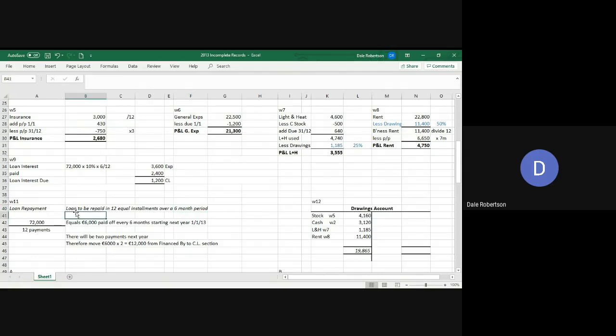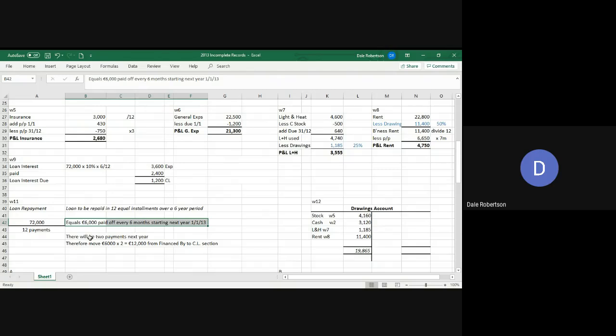I'm just going to change that. If it is 6,000 every 6 months, if it is 12 payments over a 6-year period. So therefore, 6,000 is going to be paid twice a year, starting on the first day of January 2013.